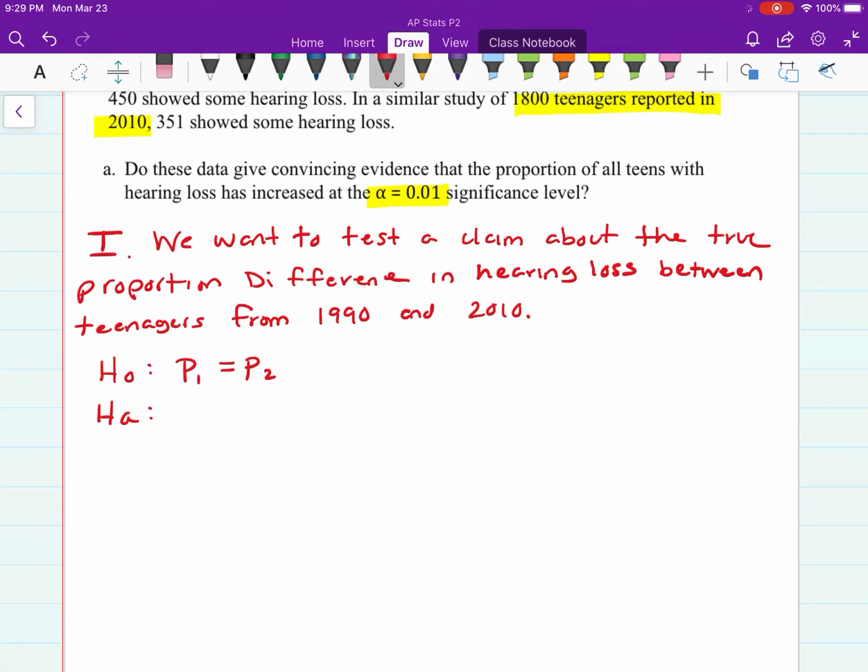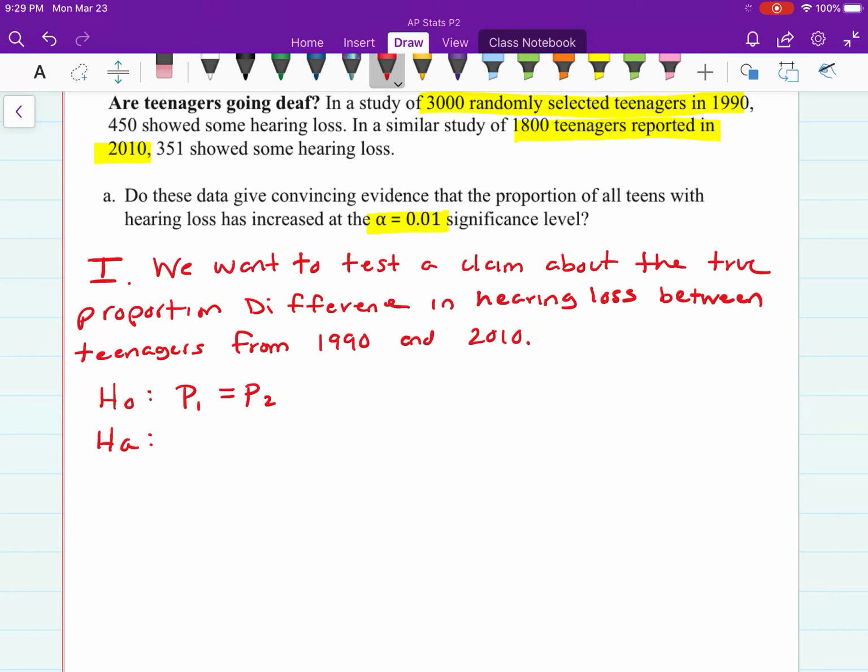Your alternate hypothesis can be a less than symbol, greater than symbol, not equal to symbol. Kind of depends on what we're looking for evidence for. So let's go back and read the question. Does this data give convincing evidence that the proportion of teens with hearing loss has increased? Okay, increased.